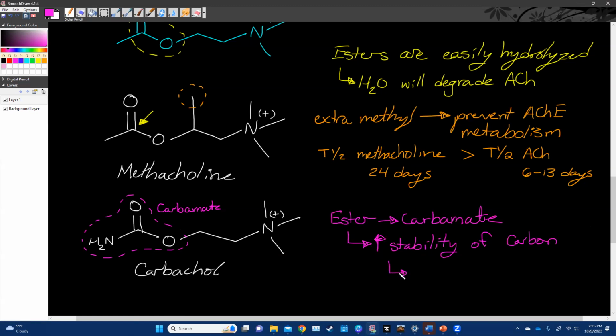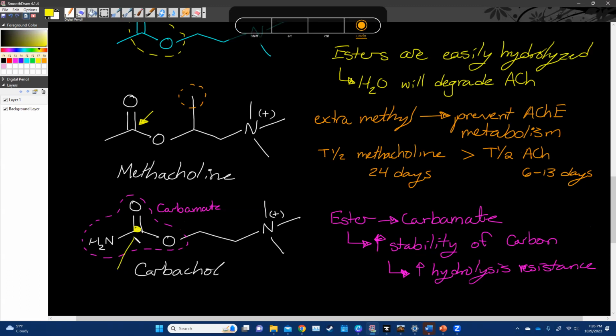And ultimately, what this is going to mean is that we have increased hydrolysis resistance. So, do we prevent hydrolysis completely? No. The carbonyl carbon here, remember that this is the site of hydrolysis.